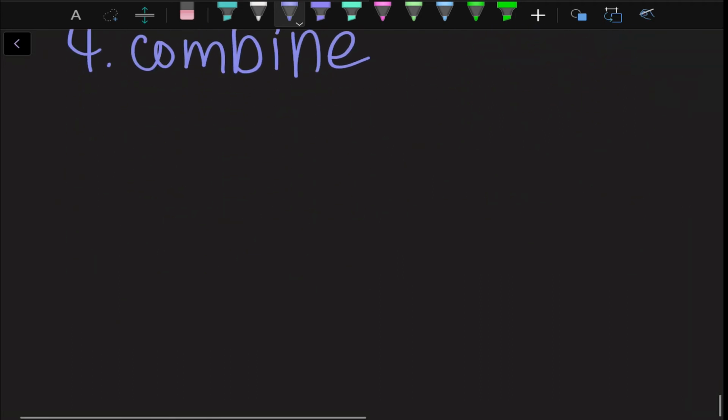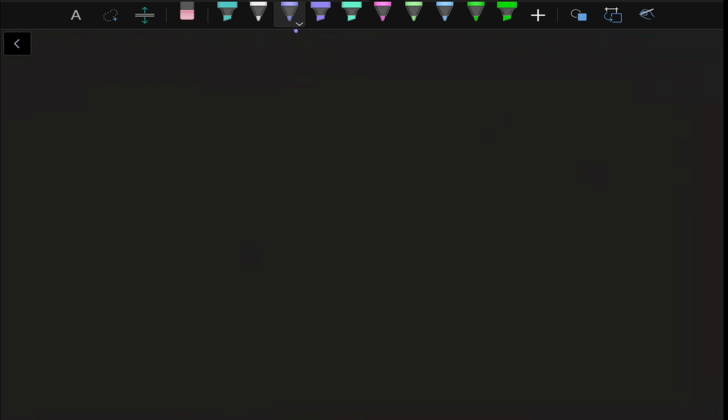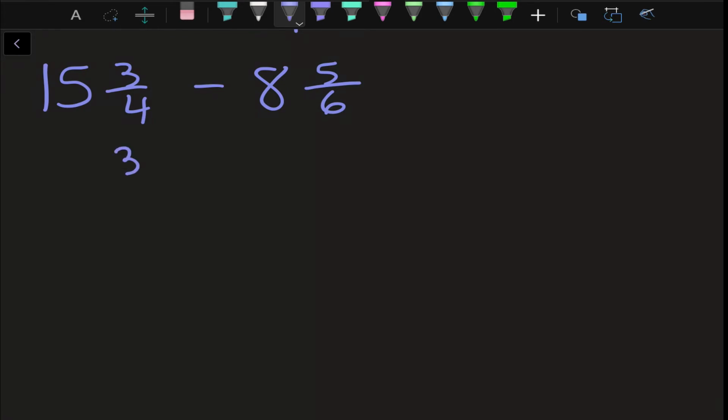So, example 1. 15 3/4 subtract 8 and 5 over 6. Okay, first, we're going to look at those fractions. 3 over 4 minus 5 over 6. Not the same, but again, 4 and 6, we know we can get to 12 here.